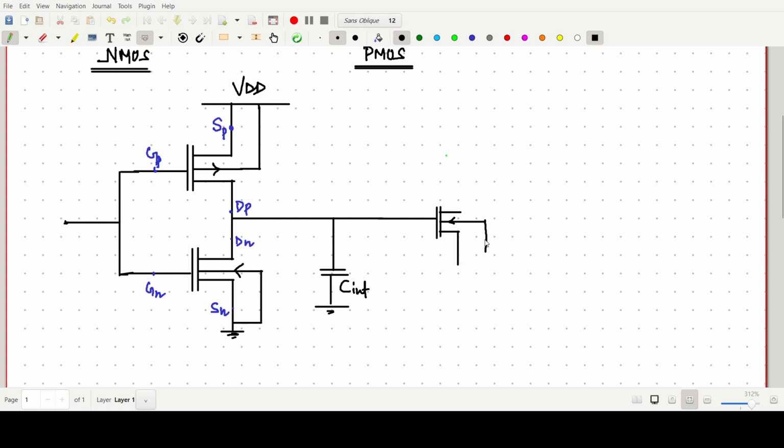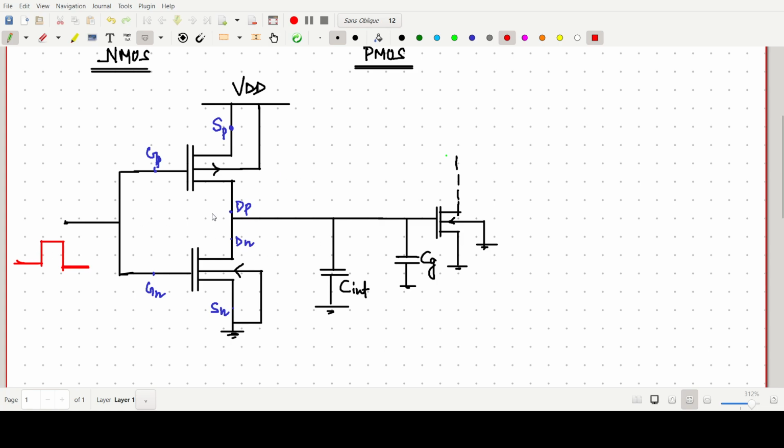There are just some gate overlap capacitances, and it's connected like this. We are giving a transient input, a time domain input. Clear? This was a symmetrical one.